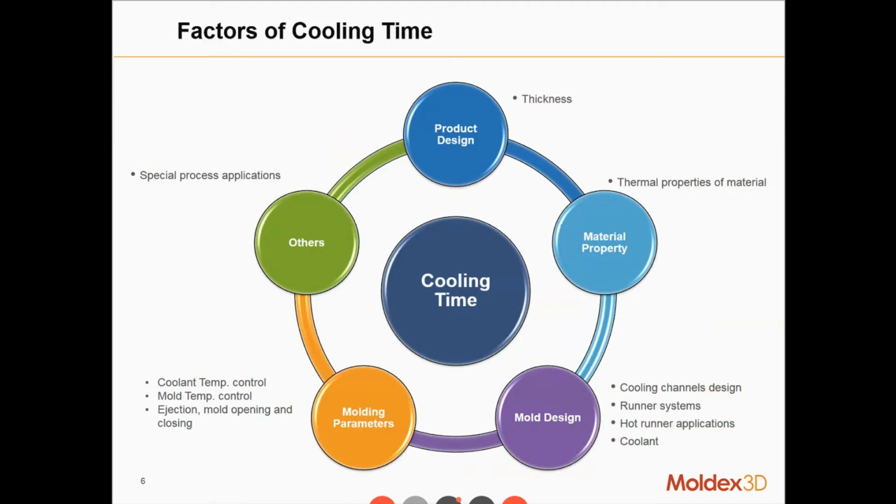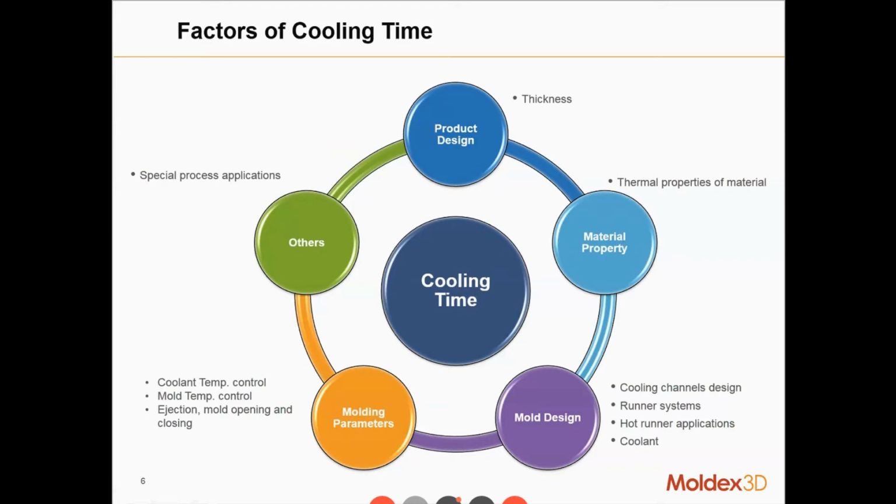Now, let's talk about the factors that influence the cooling time and also the outcome of cooling. First, we have the product design. You have the thickness. It goes without saying, the larger the thickness is, the longer it requires to cool down the part.